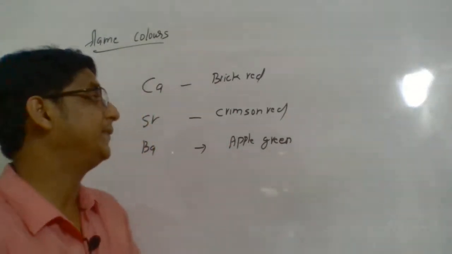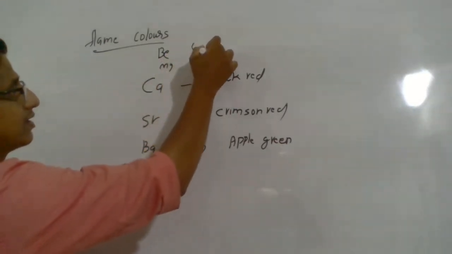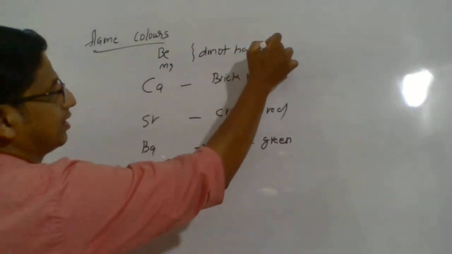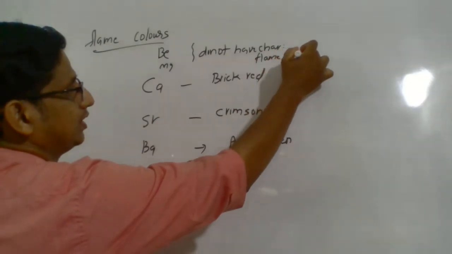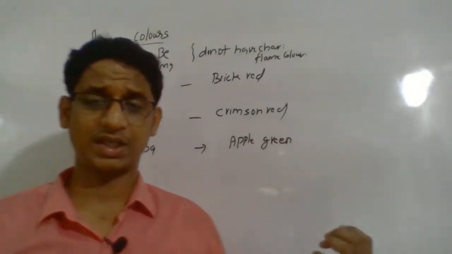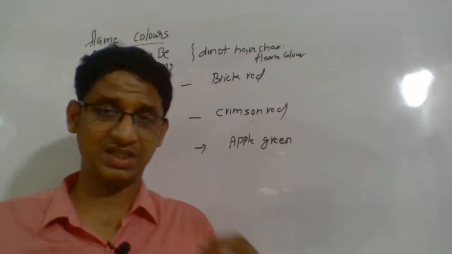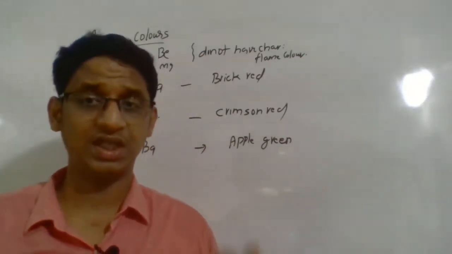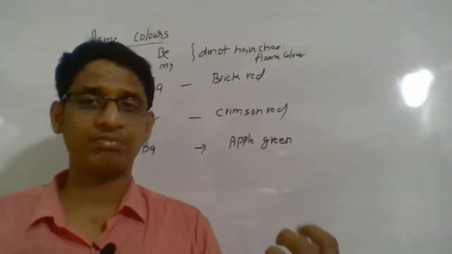Remember, beryllium and magnesium do not have a characteristic flame color. Why? Because they are much smaller in size compared to the other alkaline earth metals, and the heat energy that they get from the flame is not sufficient to excite the electron to a higher excited state, so that it can come back and release energy.